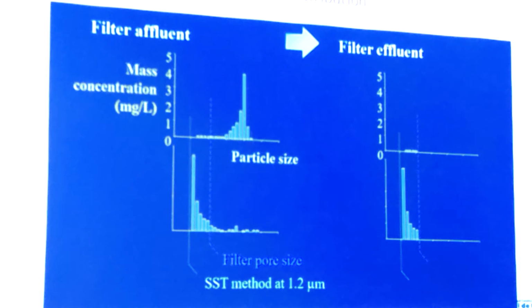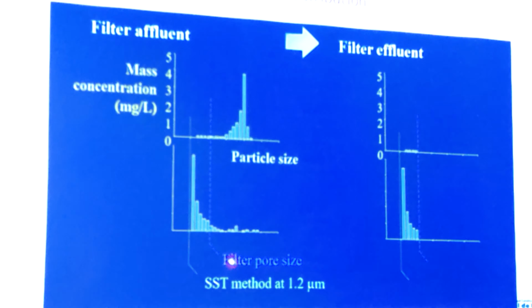So we just picture something like this. You might have your effluent water with, let's say, that distribution of particle solids, and you might have another effluent water with another distribution of particle solids.